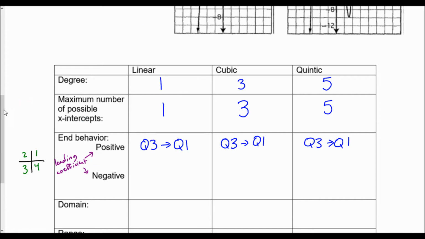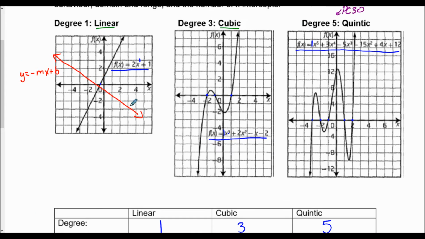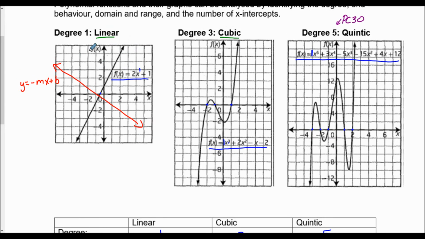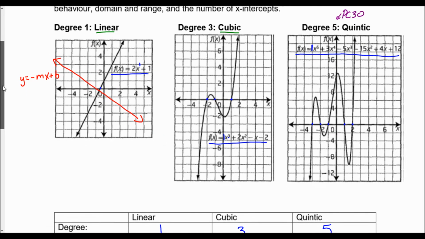So if we by chance had a negative leading coefficient, like this, for a negative line, so we'd have negative mx plus b, or standard form would be ax plus b, but a would be negative. It's going from quadrant 2 down to quadrant 4.